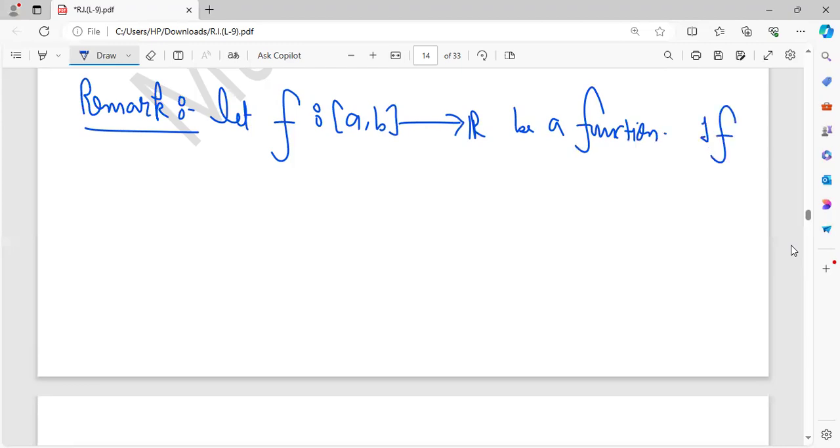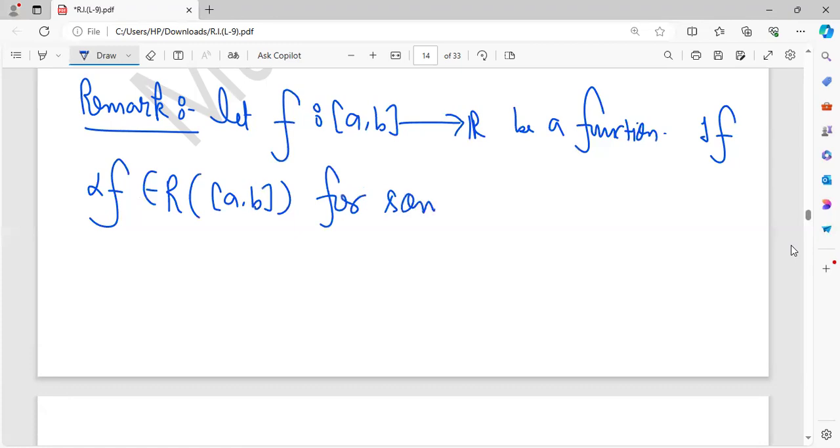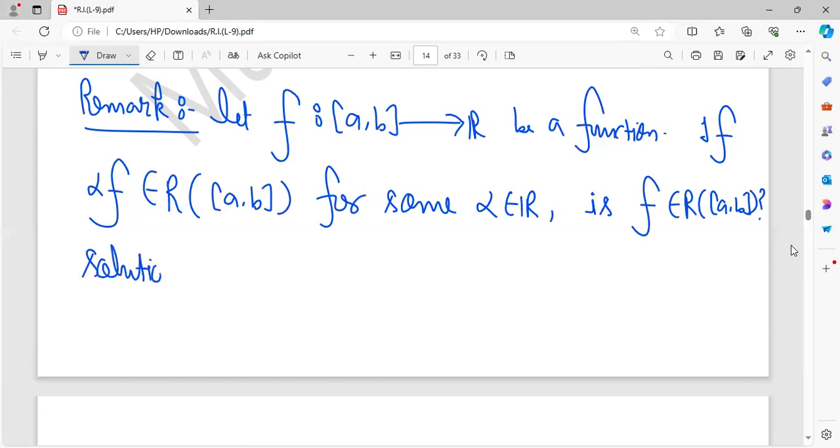If alpha f is in R[a,b] for some alpha belongs to R, is f belongs to R[a,b]? Is it true? Solution. The answer is no.